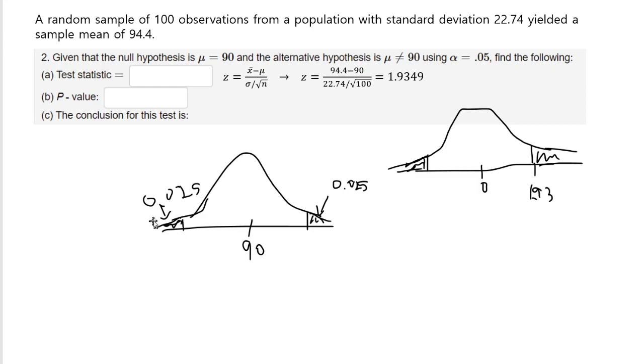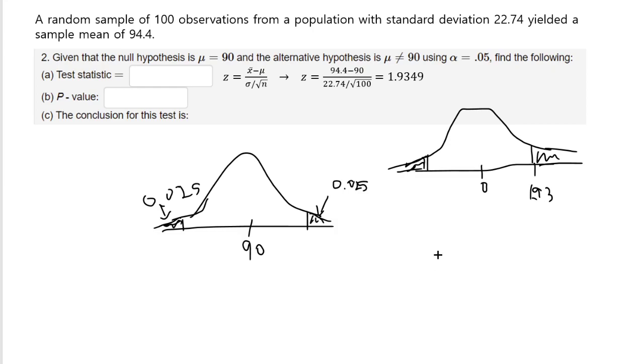If your test statistic is in the rejection region, meaning that it's bigger than 1.96 or less than negative 1.96, then you can reject the null hypothesis and choose the alternative hypothesis H1. But as you can see, this is 1.93, so it is less than 1.96, right?